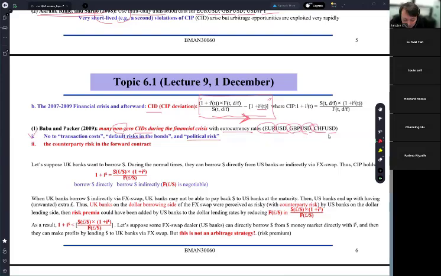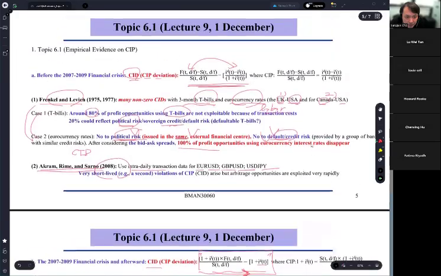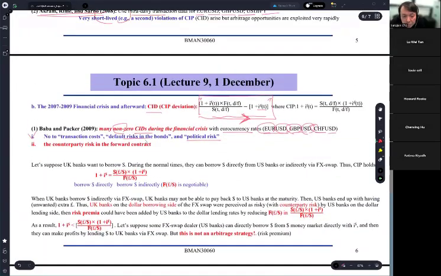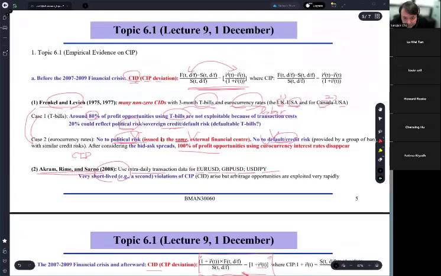So the usual suspects identified cannot explain CIP violation during the financial crisis. So Baba and Pecker point out we also have to focus on this one, the counterparty risk in the forward contract.